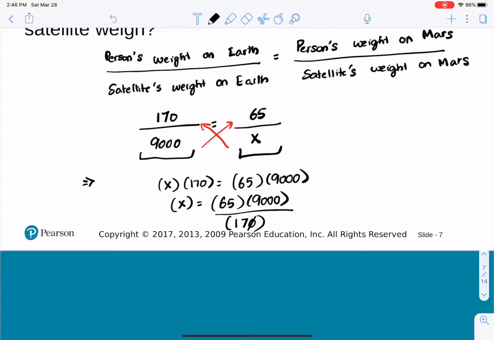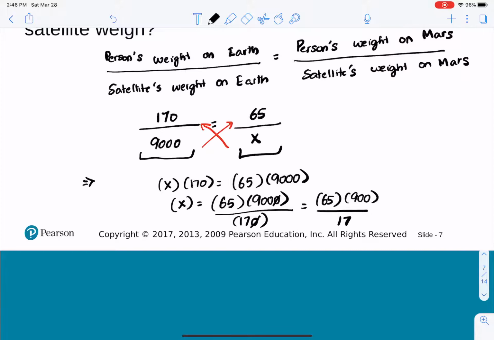So the zeros would go away. 17 does not divide 65, so keep it as is, which would give us 65 times 900 divided by 17.